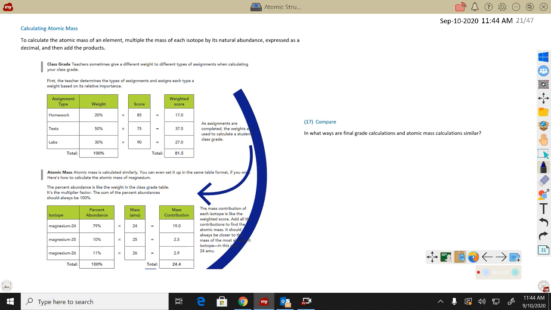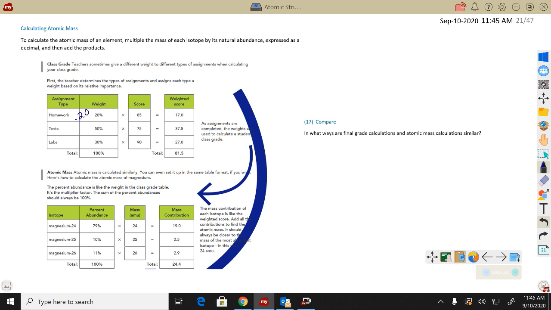And so the grade book just adds up the number of points in each category and then multiplies by the percentage. So if in this case the grade was 20% homework and they had 85 points in the homework category, they would take this weight as 0.20 and multiply by the points in that category, 85, to get this weighted score. And then we would do that with all the other categories.